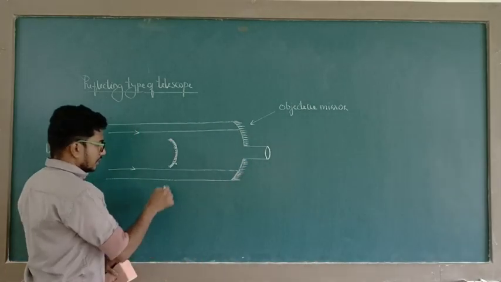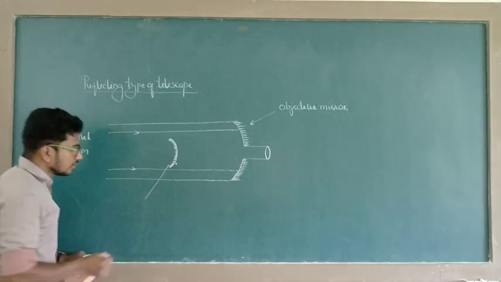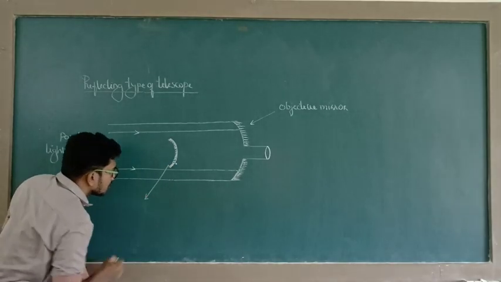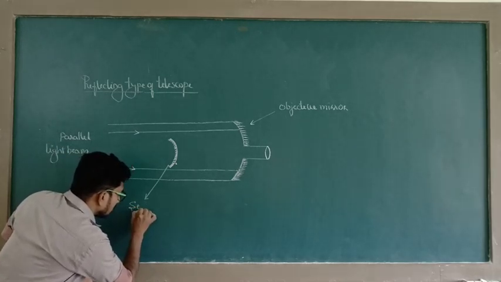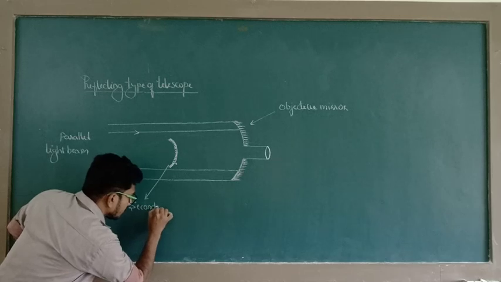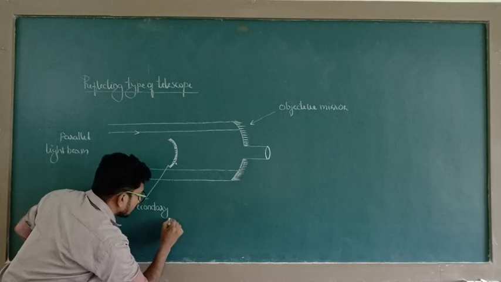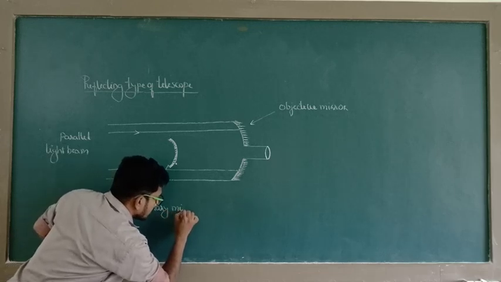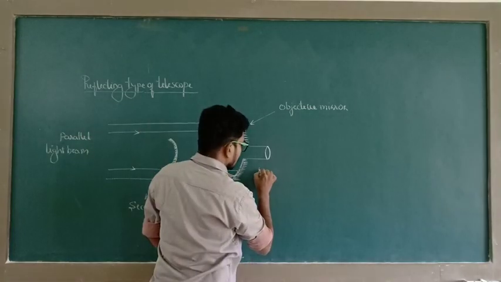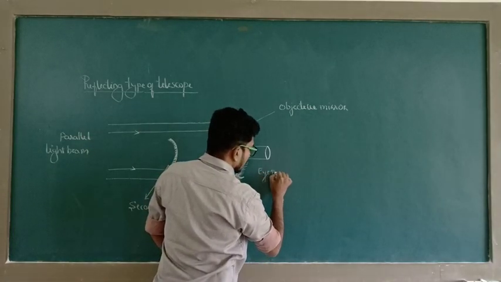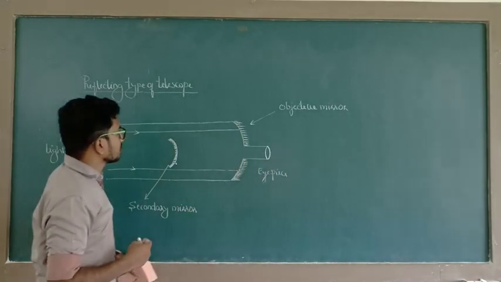So this is known as a secondary mirror, or a convex spherical mirror. So that one is primary, secondary. Eyepiece. Finally, we can observe the image through this eyepiece.